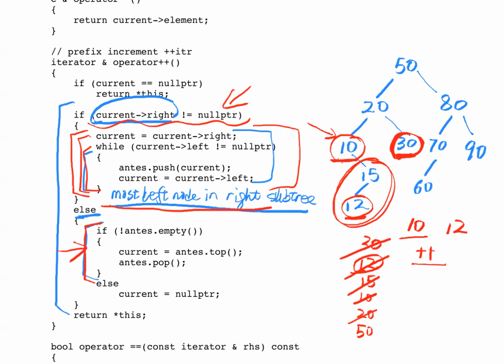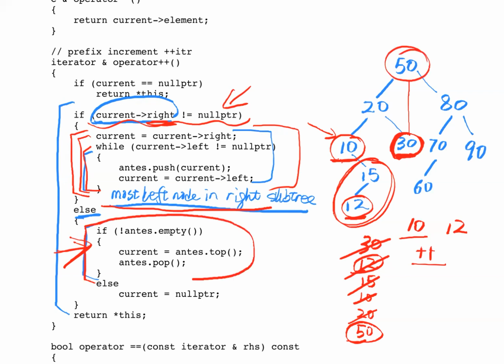Now the current node is 30, and the right subtree is empty, so we go to the else, and its next node is the top element in the stack. The next one is 50.